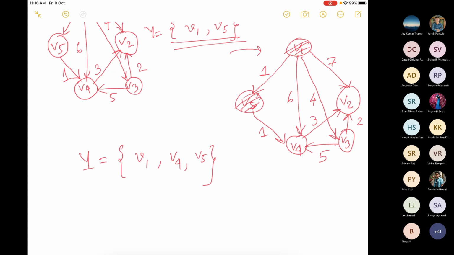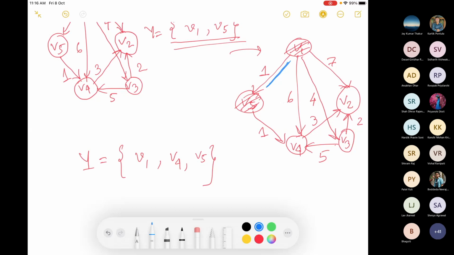V1, V5, V4. So initially we have included this particular edge, V1, V5, into the set F. Now, after inclusion of V4, what are we going to include in the F set? V5, V4.